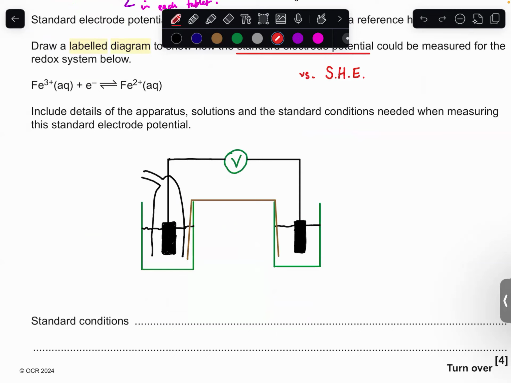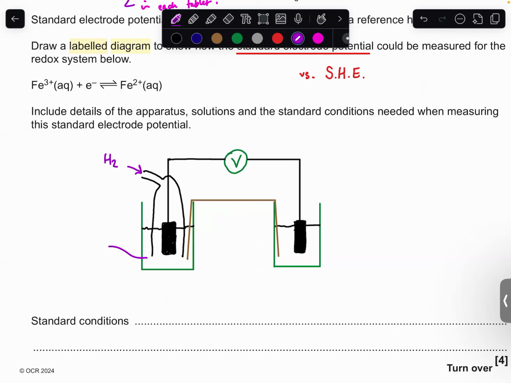So here, what would we do? We're going to have a solution. The first solution is going to be on the left-hand side. We're going to have hydrogen gas being bubbled into it. We've got hydrogen gas, and the solution itself is going to be a strong acid.